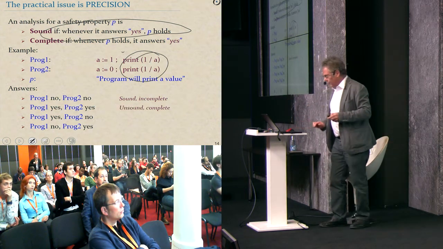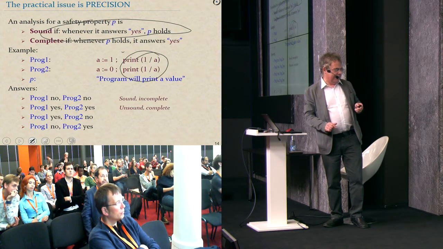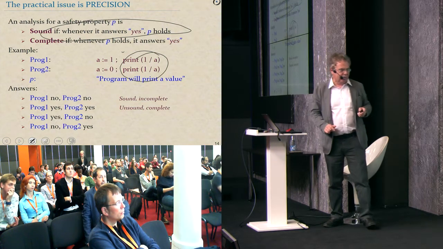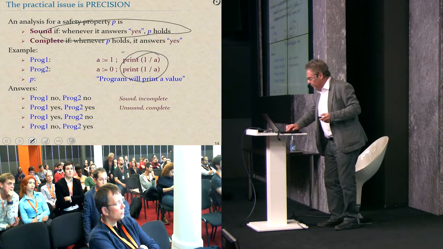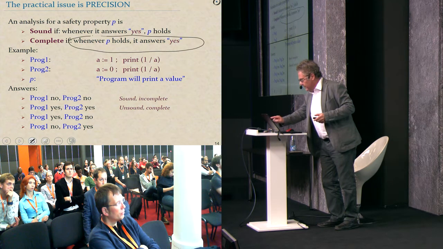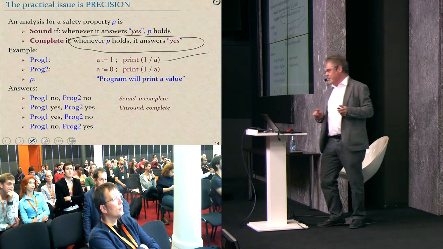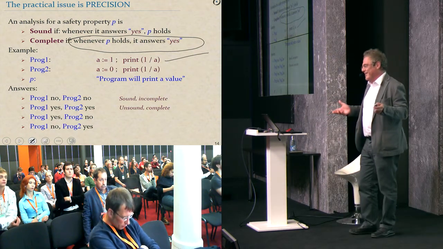The second case is we answer yes for the first program and yes for the second one. So it's complete, because whenever the property holds, it answers yes, and your property only holds for prog1, right? So it's complete, but unfortunately it's unsound.